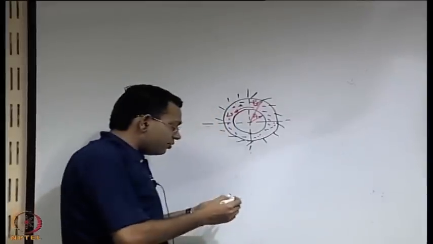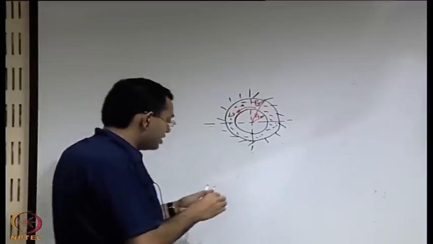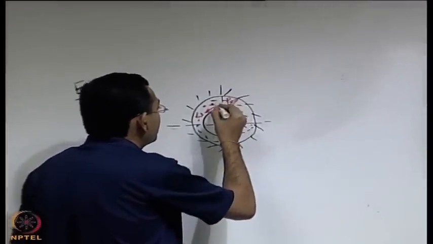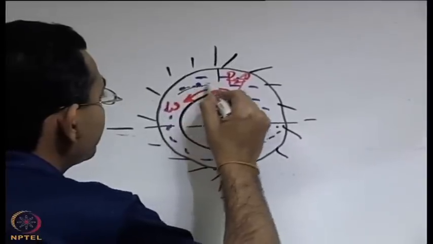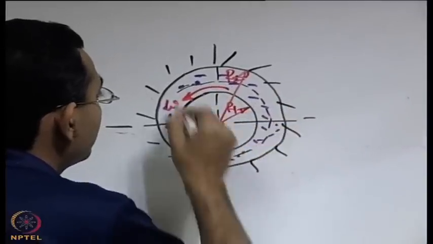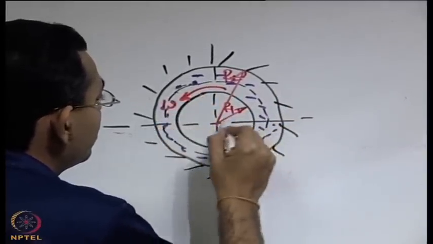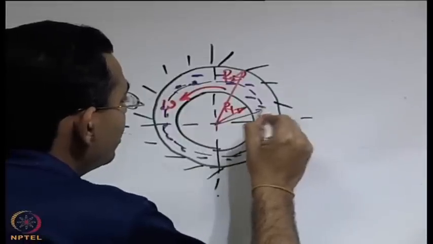Now let us say that we are interested in a section of the fluid at some intermediate radius, say r, which is a local variable small r.